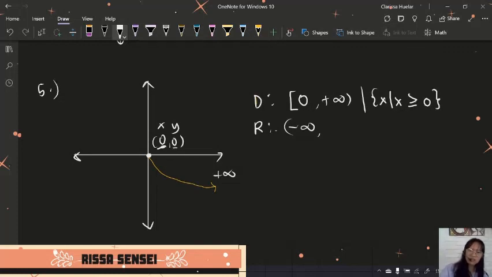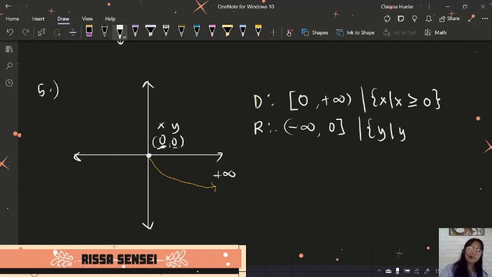Ano yung value ng y na nag-stop siya? 0. So, hanggang kay 0 lang siya. Hindi nyo pwedeng isulat na ganito ha, kasi nagsisimula tayo negative papuntang positive. So, negative infinity to 0 or the set of all values of y such that y is what?